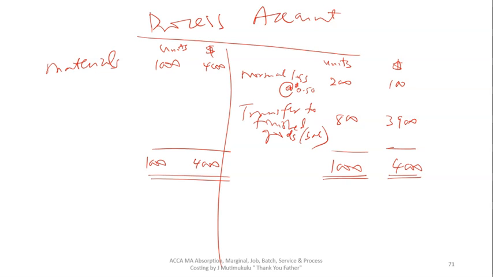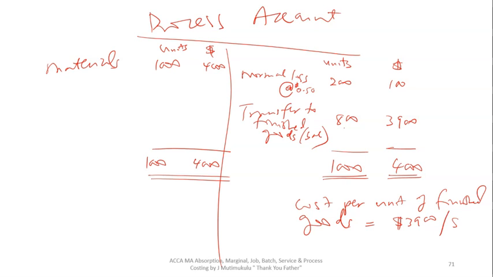So from this again, you can also determine that the cost per unit of finished goods is actually equal to 3,900 divided by 800, which is also going to lead us to 4.875 per unit.